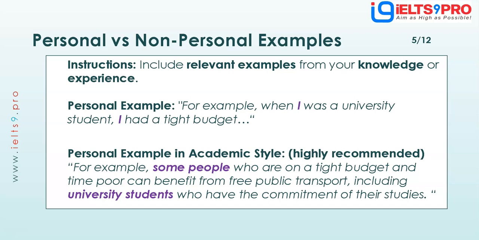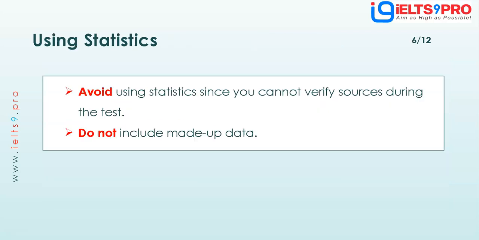That would actually work. Yeah. For example, some people who are on a tight budget and time poor can benefit from free public transport. Or for example, when I was a student, so you can use personal examples, that's perfectly fine.